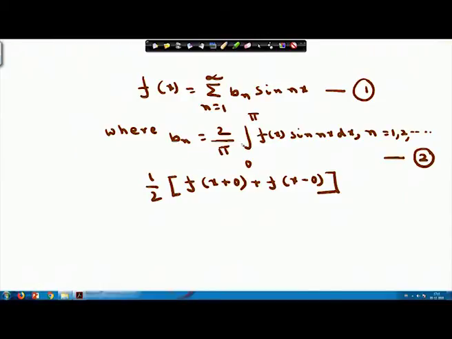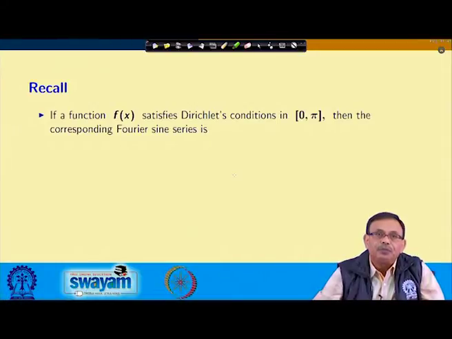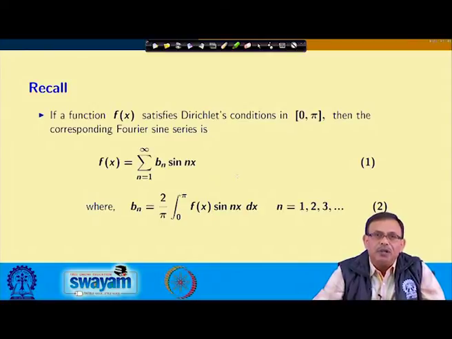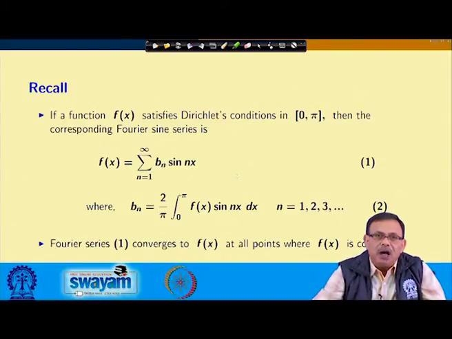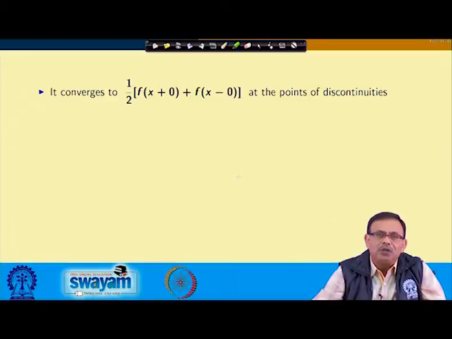So, whatever we have told is f(x) = summation n equals 1 to infinity b_n sin nx, where b_n is 2 by pi, integral 0 to pi of f(x) sin nx dx, and Fourier series 1 converges to f(x) at all points where f(x) is continuous, and to half of f(x+0) plus f(x-0) at the points of discontinuity.